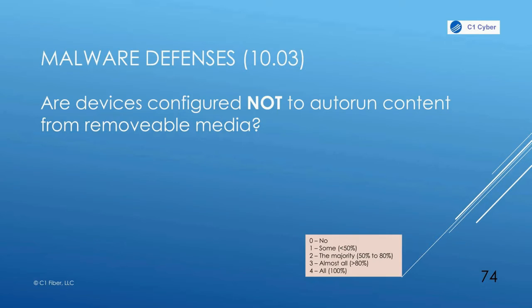Score 2 if your organization has configured most devices not to auto-run content on removable media. 3 if your organization has configured almost all devices not to auto-run content on removable media. Or 4 if your organization has configured all devices not to auto-run content on removable media. Pause the video now in order to consider and record your answer before continuing.